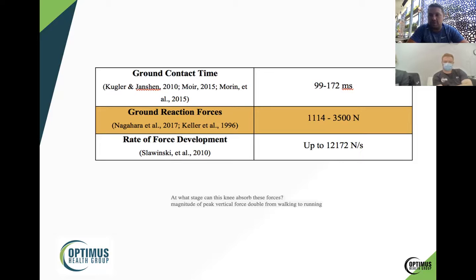Because if they're doing hops of 300 to 400 milliseconds, and then all of a sudden they go, all right, let's go for a run, you're really shortening that ground contact time. The other one is the ground reaction forces, and this is really hard to measure if you don't have, say, a valid ForceDecks, which we do. We're really lucky to have that.